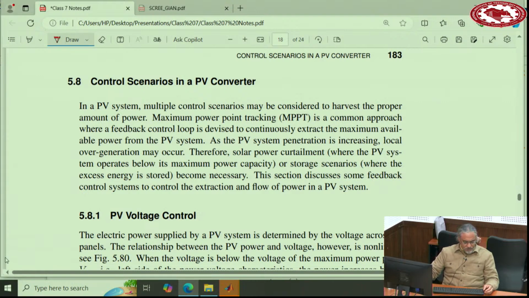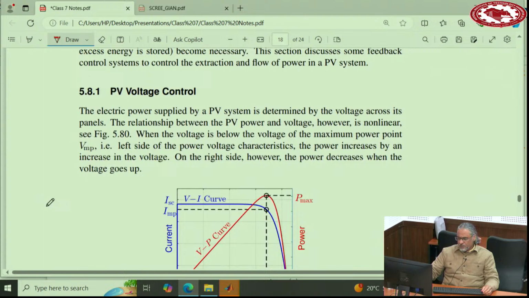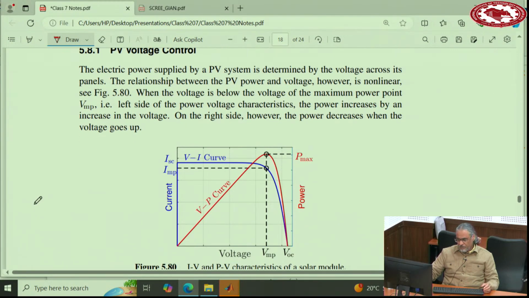So let's talk a little bit about control scenarios in PV converters. The common approach for controlling a PV photovoltaic system in a PV converter is to control the voltage. In other words, to control the amount of power that you extract from a PV is to control the voltage.